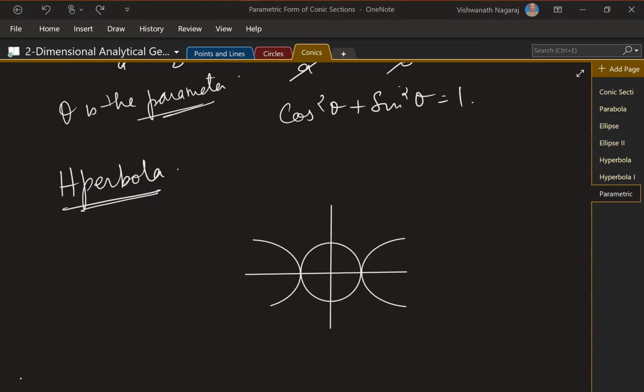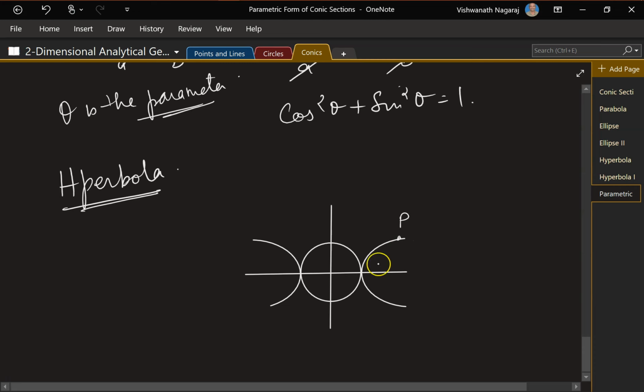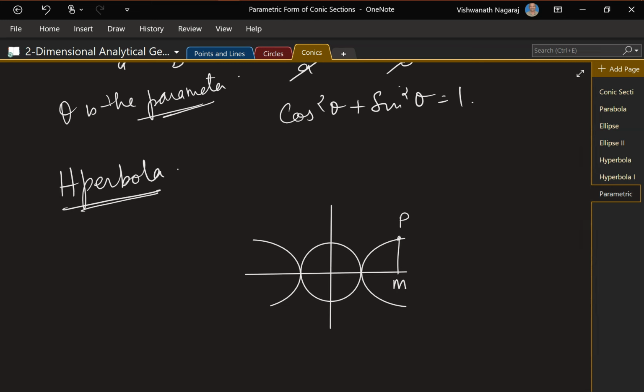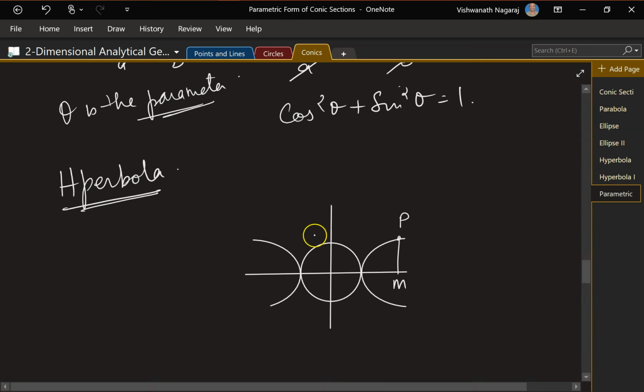Now we have the hyperbola and we have an auxiliary circle. So let's say we have a point P on the hyperbola. Let's drop a perpendicular, let's say M. Let's take a tangent to the circle, auxiliary circle, to the M. So this is normal to the tangent.